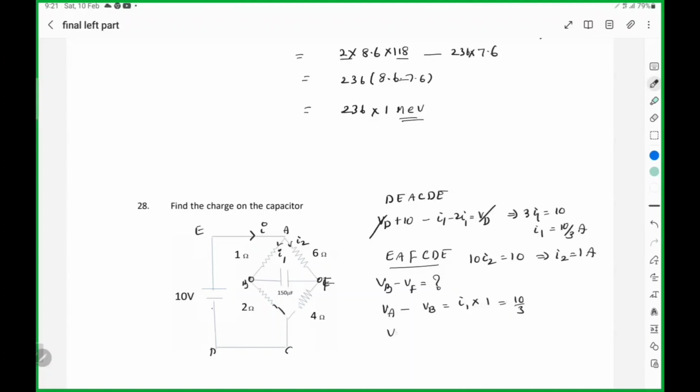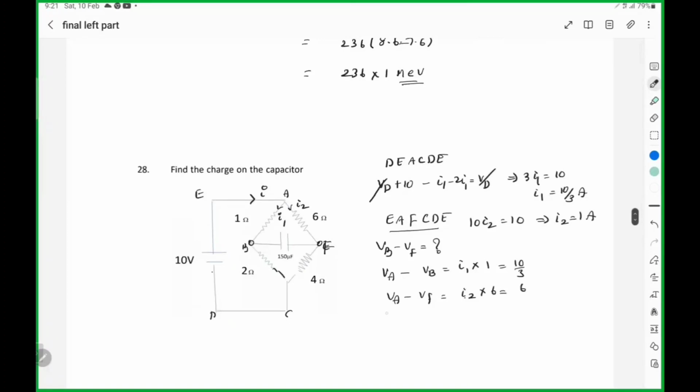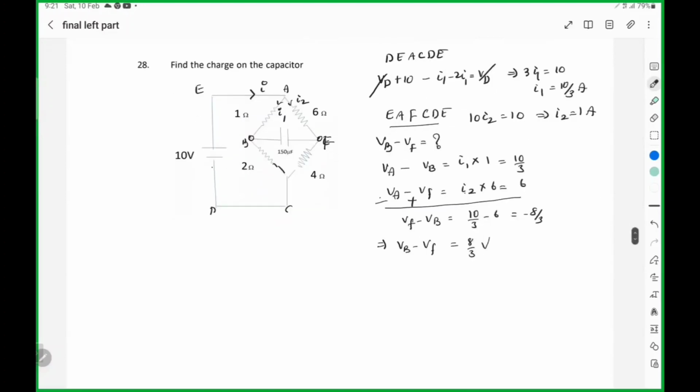Similarly, VA minus VF is I2 into 6 ohms. I2 here is 1, that is 6. Subtracting, this gets cancelled. VF minus VB will be 18 by 3, that means VB minus VF is 8 by 3 volts.